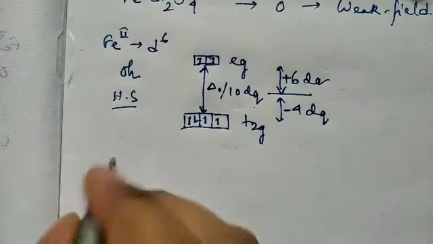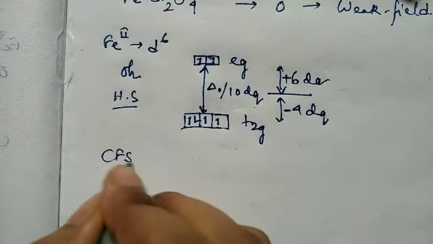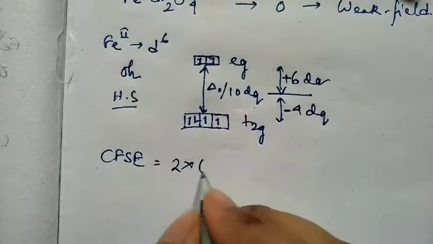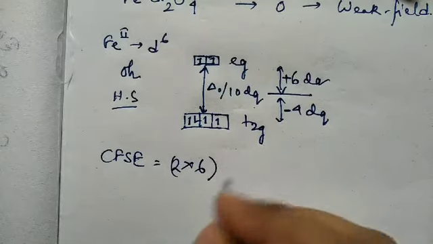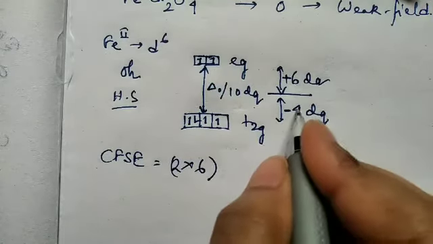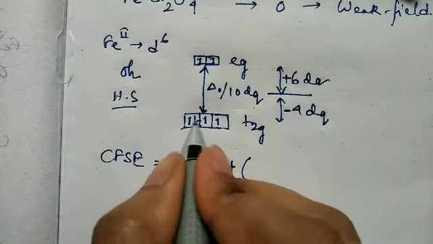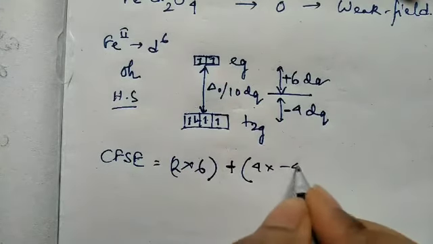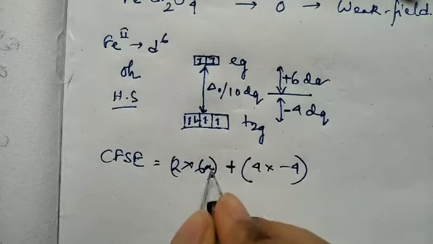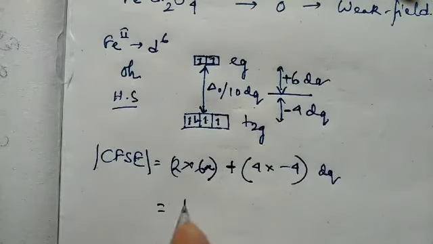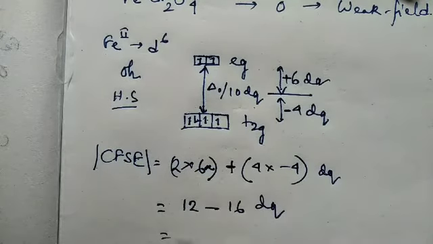Now how will you find the CFSE? Take 2 electrons into the 6 Dq level, which is plus, and 1, 2, 3, 4 electrons into minus 4 Dq. This is the total Dq. You have to take the mod of the CFSE value. This is minus 4 Dq, the mod is 4 Dq.